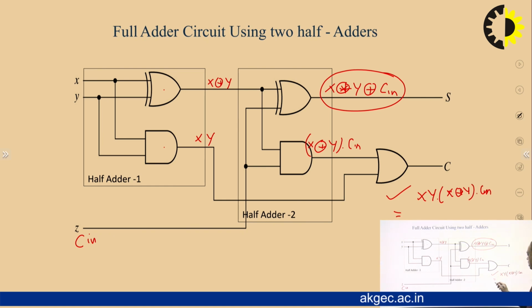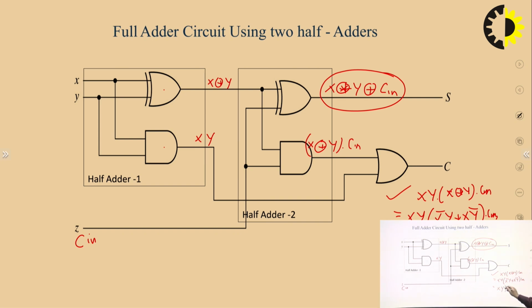So if we solve this, this is (x bar y plus x y bar) multiplied by C in, and this is nothing but x bar became 0, x became x, then x y bar, and this again became 0, y bar, and this again became 0, and we get the C out as the output. So in this way we can also make the full adder with the help of two half adder circuits.